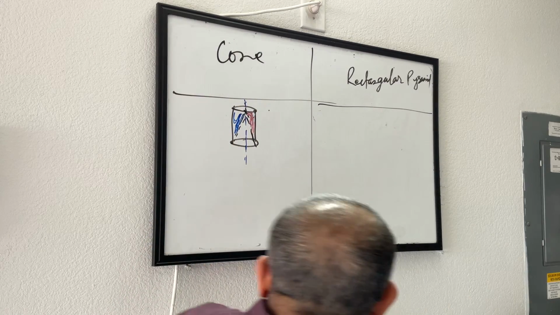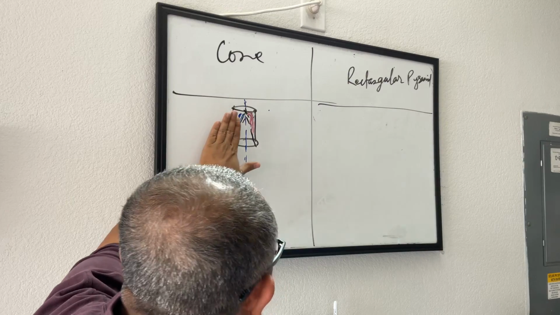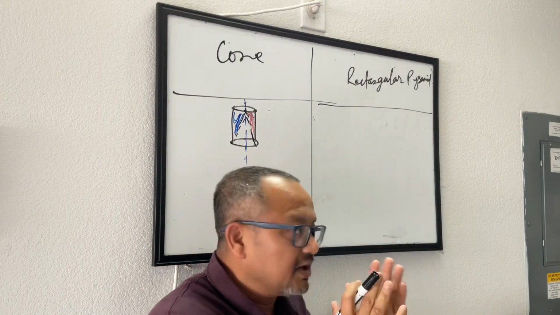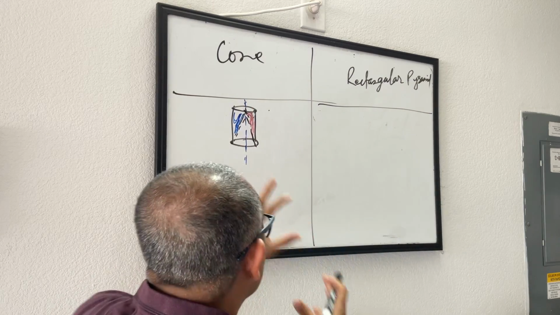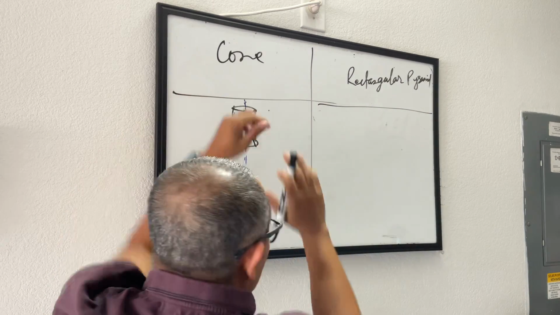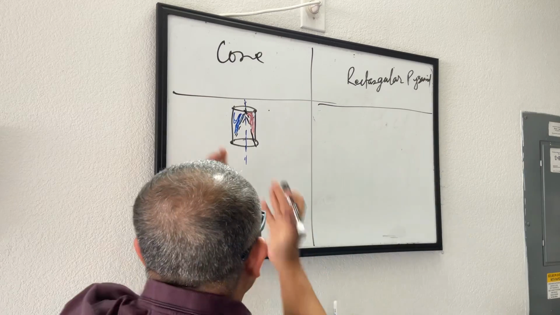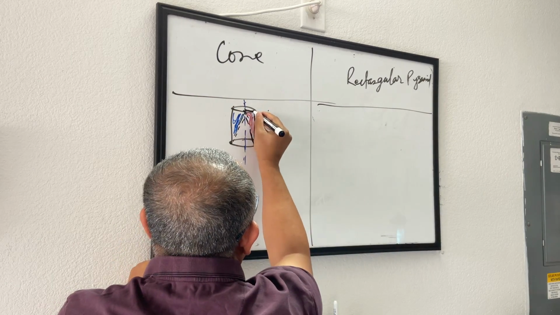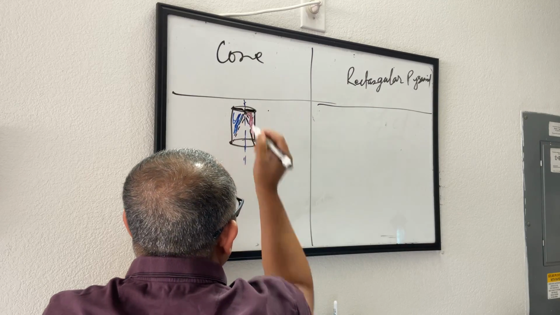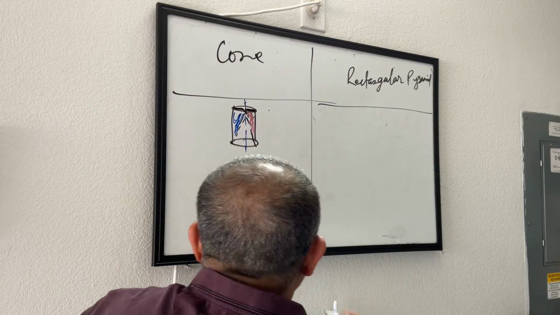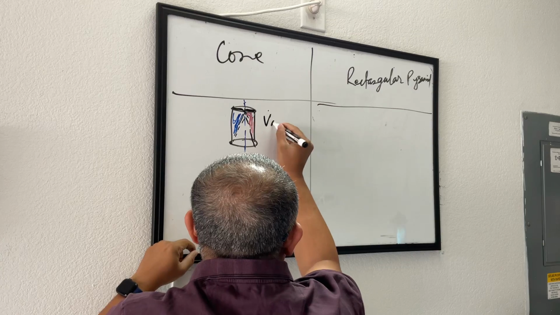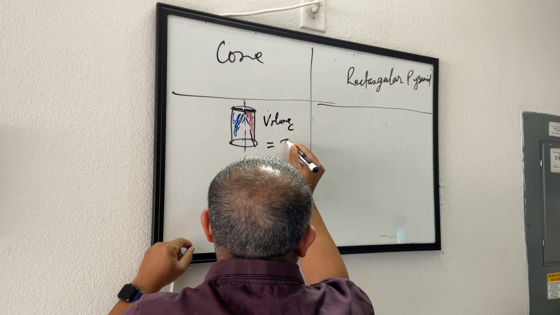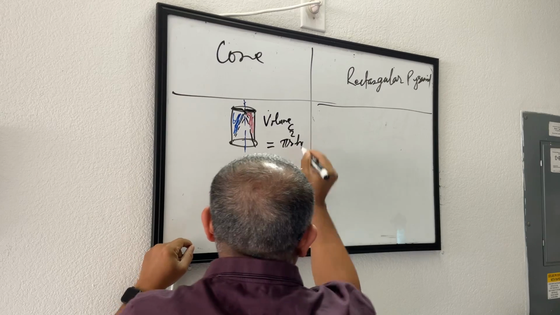For the sake of simplicity, there are three parts that you are seeing, and if you deal with this physically, you will see that the red piece will again become another cone, and this blue piece will again become another cone, and all of them will have the same radius, like what you see here, here to here. So we saw the volume of a cylinder, I'll put a C, is pi r square h.